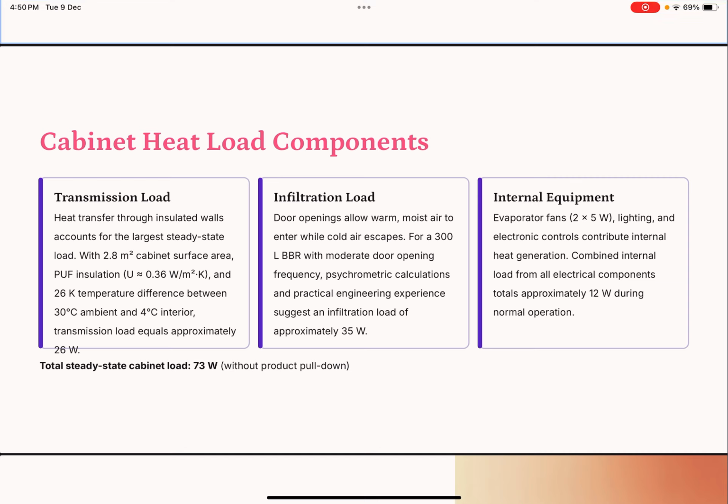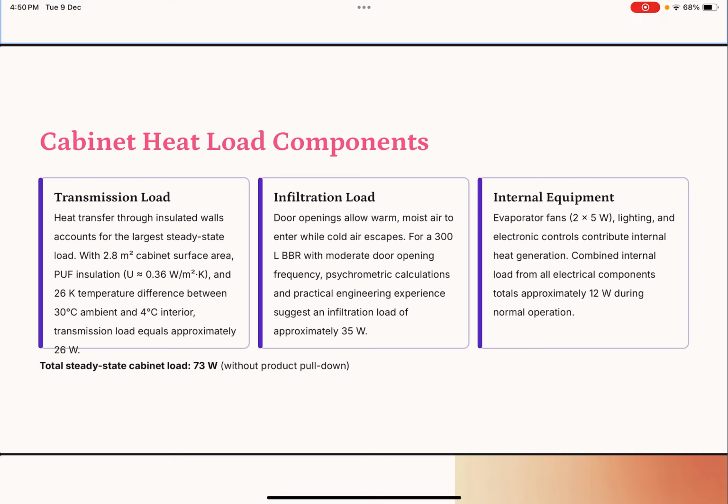So now my steady state load becomes 26 plus 35, which is the cabinet heat load. We need to add to that the equipment load. For a blood bank refrigerator, I use say two fans, each fan of 5 watts, so that gives me a load of 10 watts. Simply multiply the wattage of the internal equipment with the number of equipments, and that gives you the equipment load.